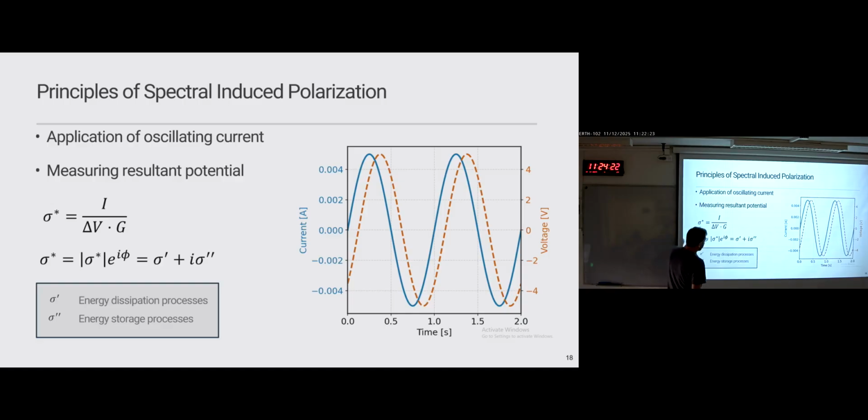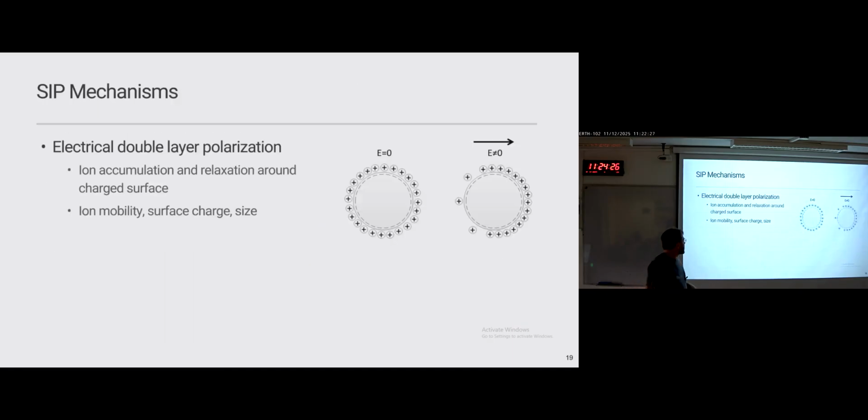So what triggers polarization in porous media or around the root? There are two main mechanisms in the frequency range relevant here, so up to 1 kilohertz. The first one is the electrical double layer polarization.